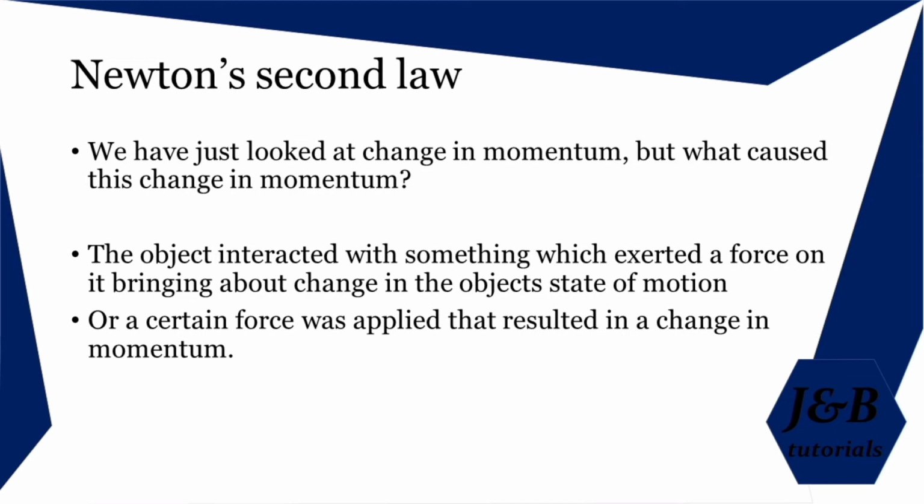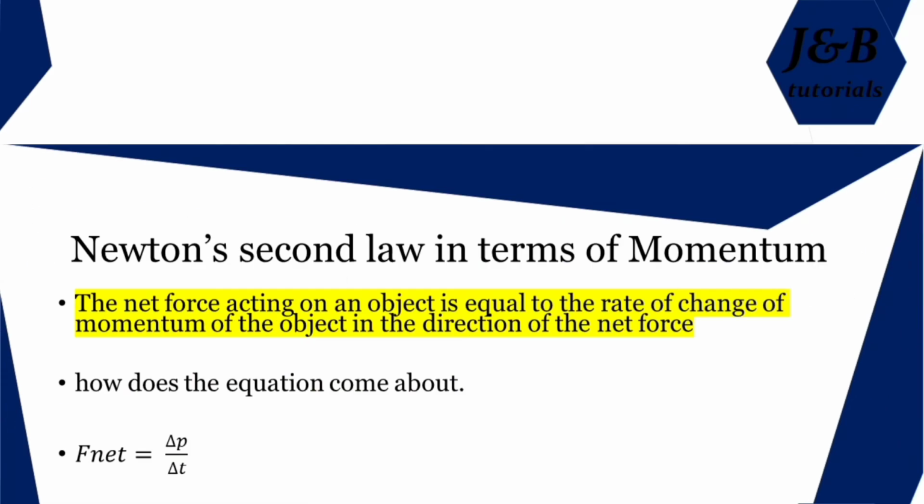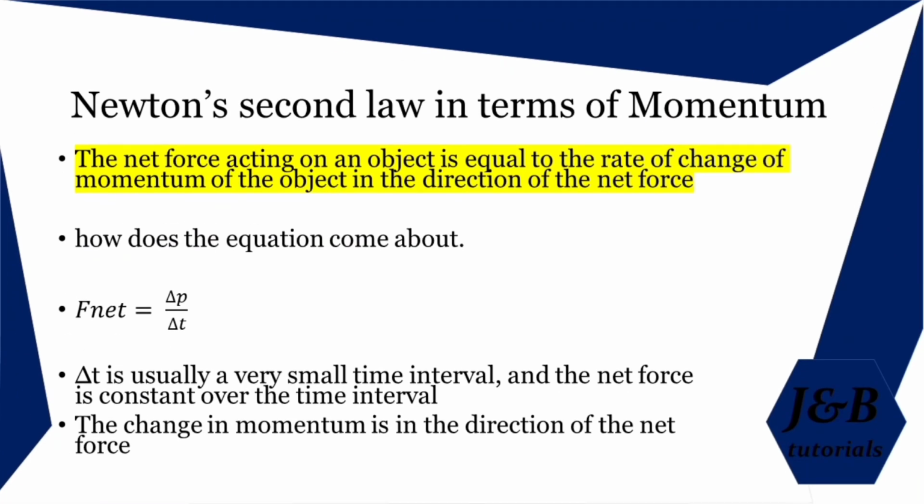Okay, now let us define Newton's second law in terms of momentum. You used to define it plainly based on force, mass and acceleration. But let us now define it in terms of momentum.